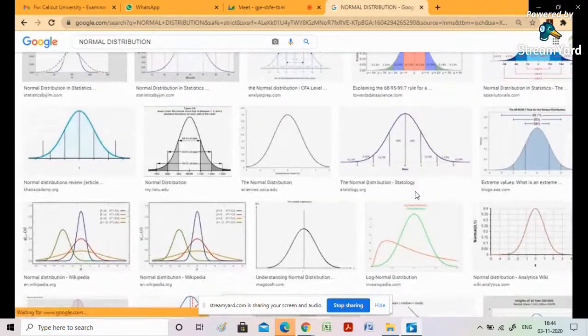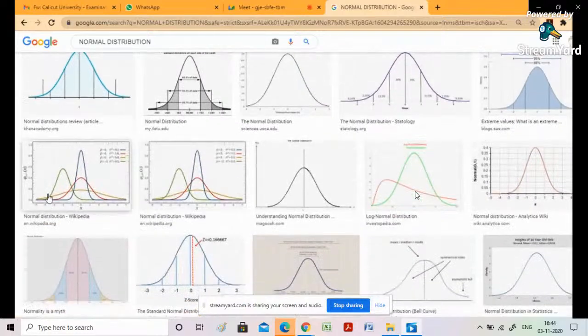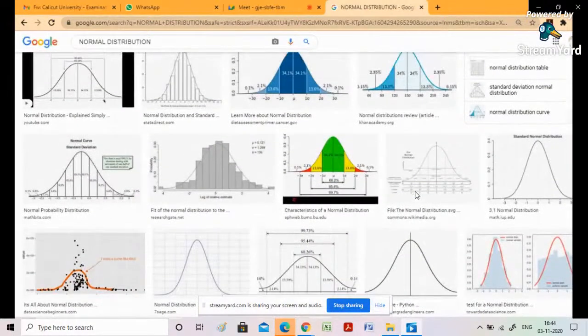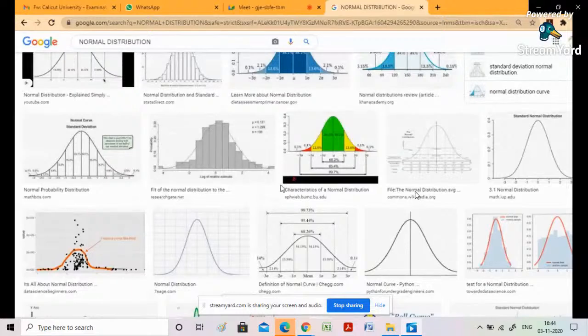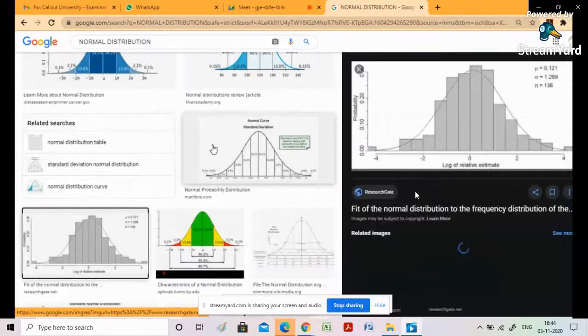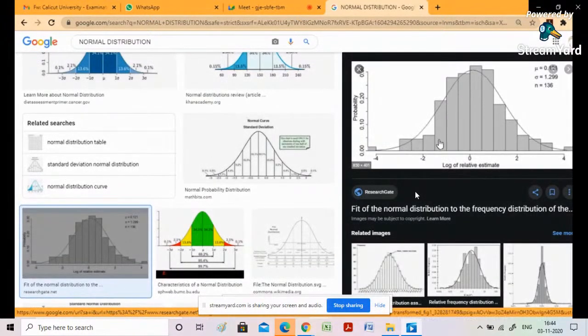Yeah, it is bell-shaped, symmetric. At the same time, you can see that there are some skewed distributions. Yeah, this is a skewed distribution. This is exactly a normal distribution. It is bell-shaped, symmetric. So if the histogram is almost symmetrical, we can say that the distribution of the data is normal.